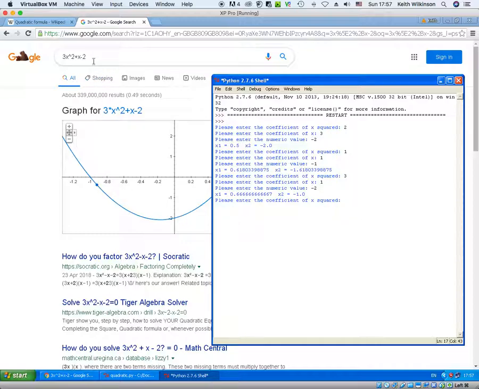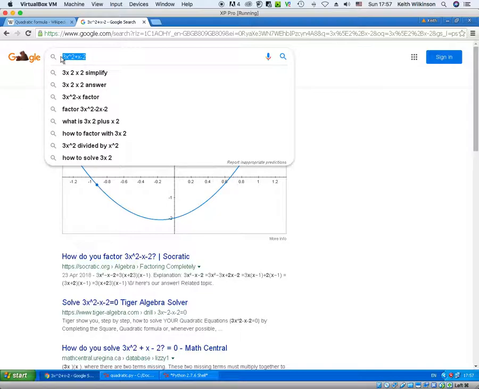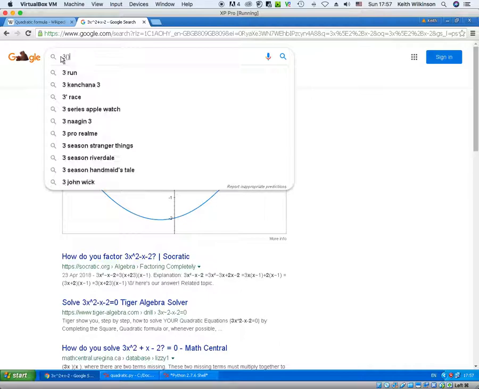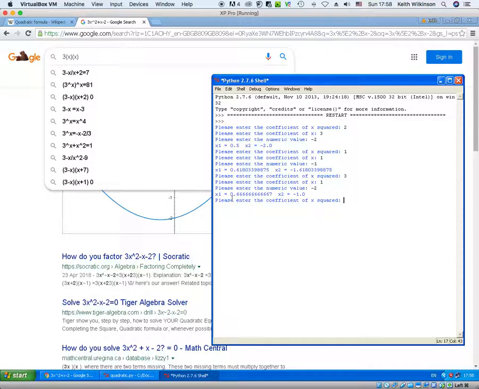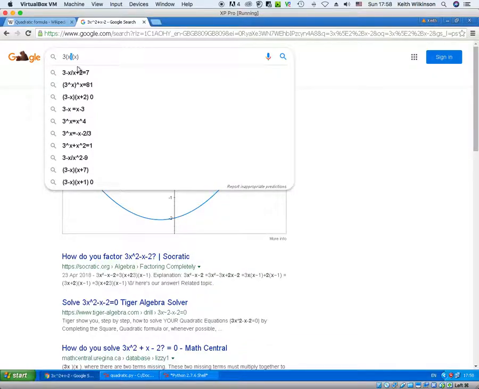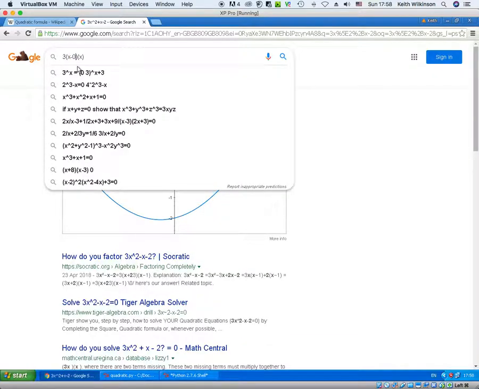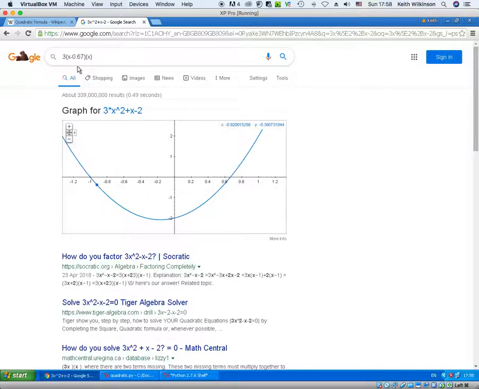So I'm going to write up here the value of it in factors. So that's 3, and then I've got my 2 brackets. I've got x in both of them because it's going to be x squared, and all I need to do is work out the 2 numbers that I'm going to put in. So this was a positive 0.67, so it's going to be negative 0.67.